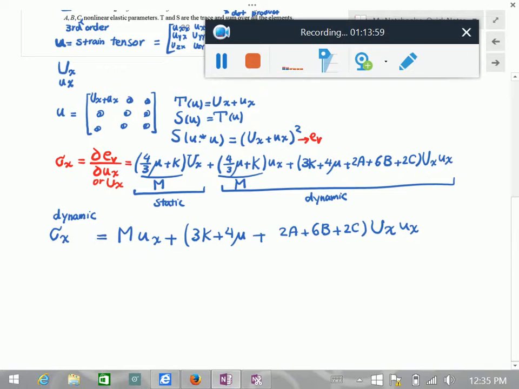So this will be the expression that we have. Now, you know that the wave equation, what we are looking at, we want to get the wave equation looked like that.